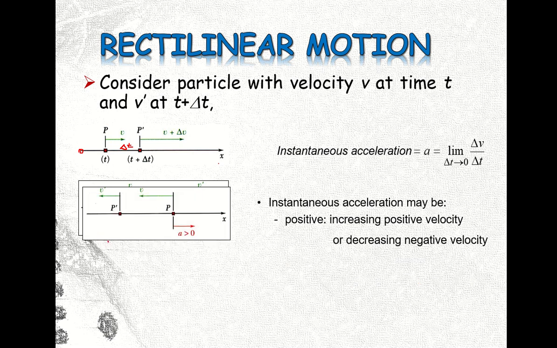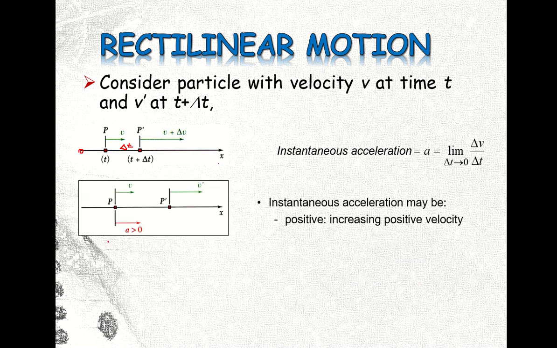So I repeat to make it clearer. The first scenario is something like this. Our instantaneous acceleration may be positive. Okay, so there are scenarios here. One scenario is increasing positive velocity. So this is the illustration. Acceleration is positive because a is greater than 0, going to the right.